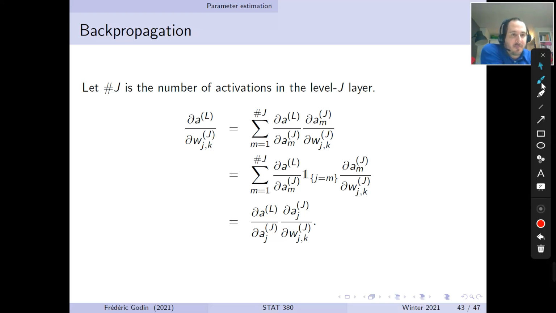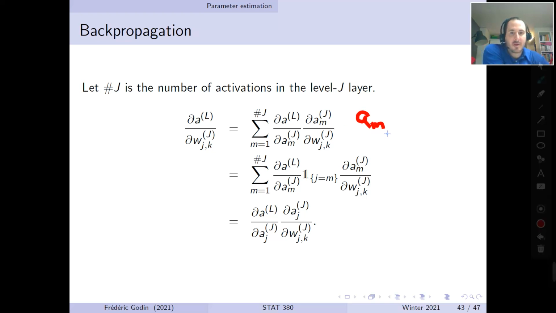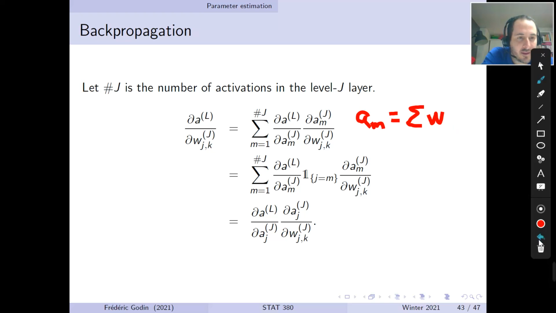Because this activation m, if we use the previous summation, is a sum of w_mk times some quantity. Give me one second.